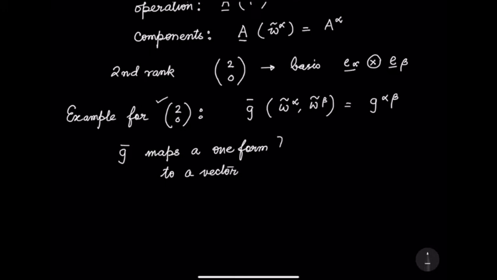Remember that the G which comes with 0, 2 was mapping a vector to a one form. This is just doing the inverse mapping. And I leave it for you to figure out that component-wise this will look like the following.